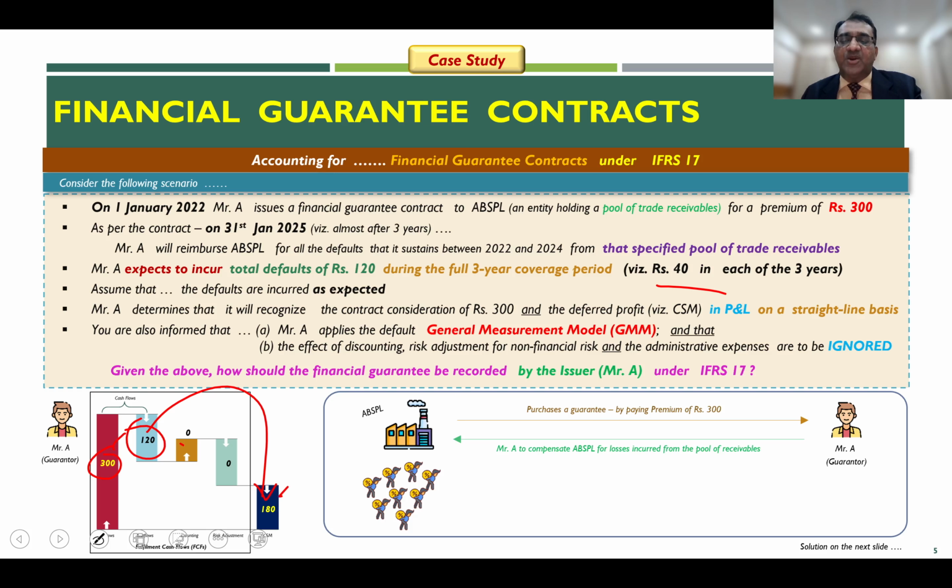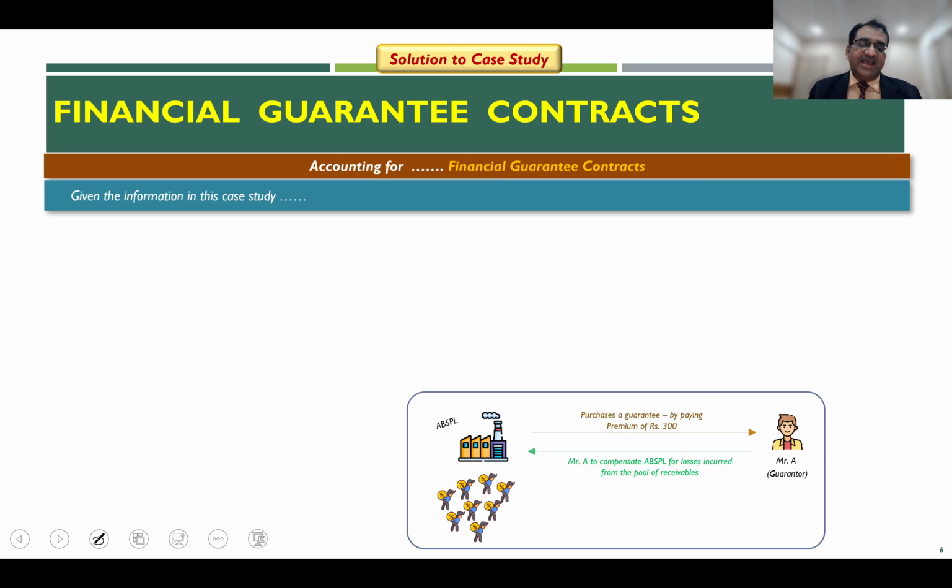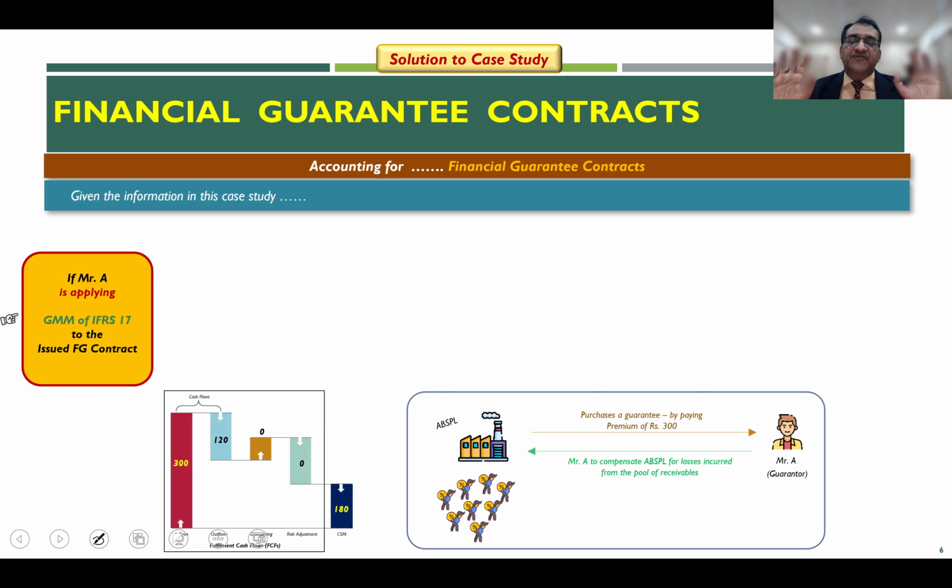This 180 rupees of profit, as given here, you expect to record on a straight line basis. That's the sum and substance of the fact pattern of this particular case study. Let's continue the solution on the next slide. So what happens in this case? I brought forward the chart from the previous slide. So given the information in this slide, if Mr.